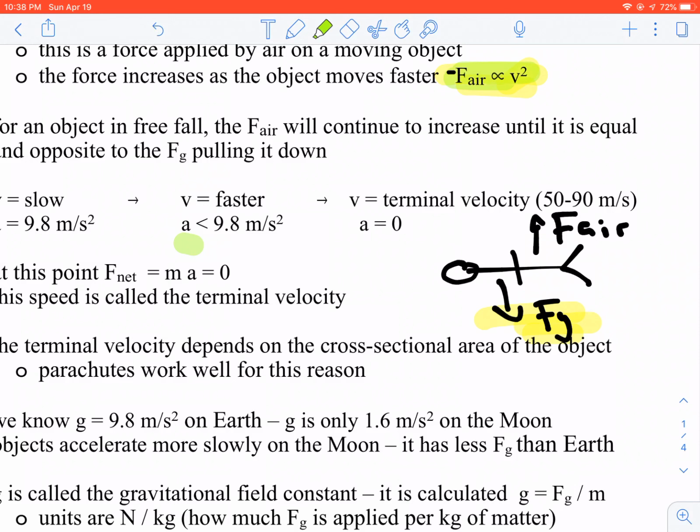As v continues to grow, F air continues to grow. As you get faster and faster, your air resistance gets higher and higher until you get to a point where your velocity makes your F air big enough that it will be equal and opposite to gravity.